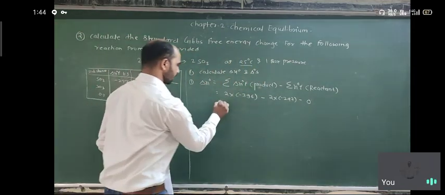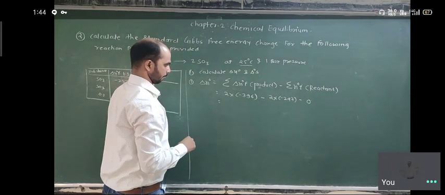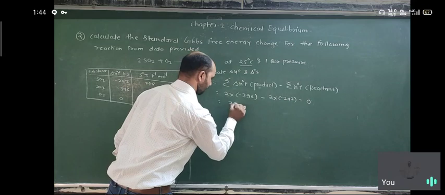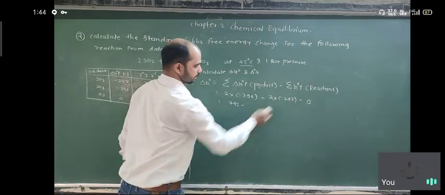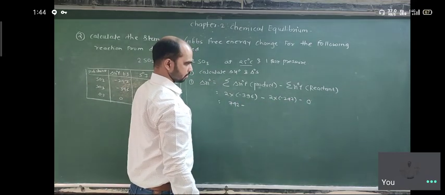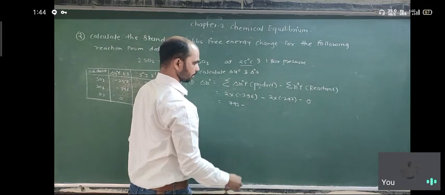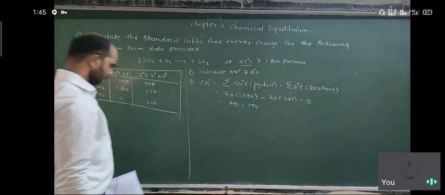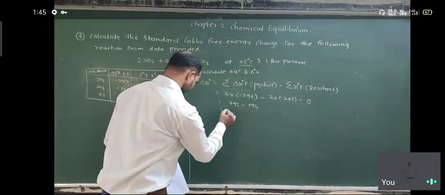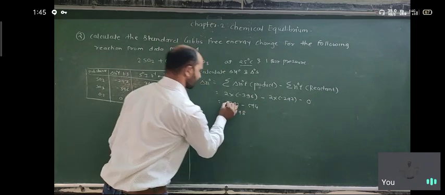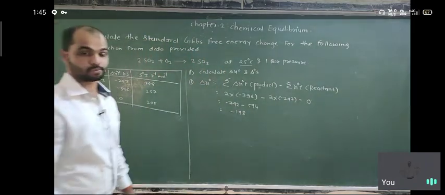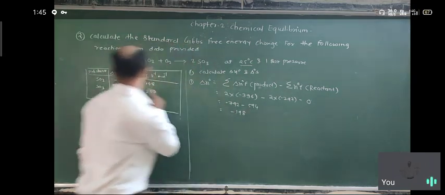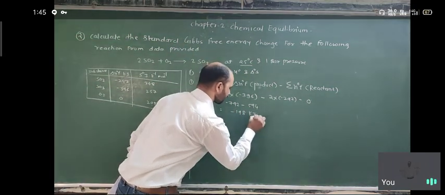So we get minus 792 minus minus 594. The result is minus 198, and it is expressed in kilojoule because it is given in kilojoule.